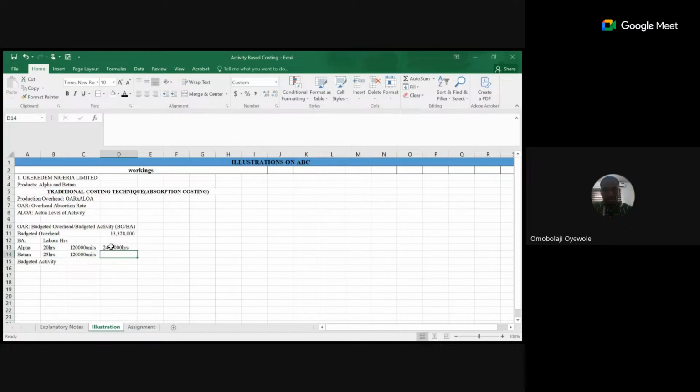The next one is 25 times 120,000, which is 3 million hours. If we sum both together, that gives us 5,400,000 hours. So our budgeted activity is 5,400,000 hours. Now, our budgeted overhead is what?